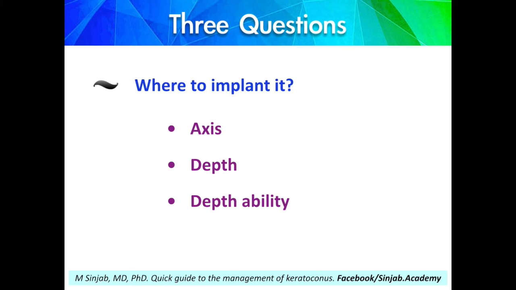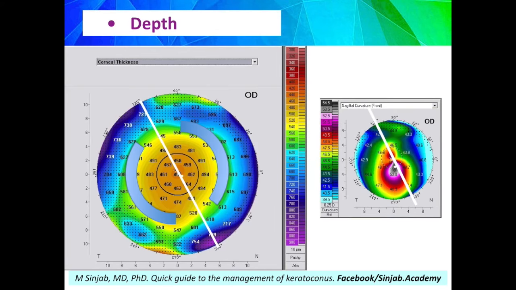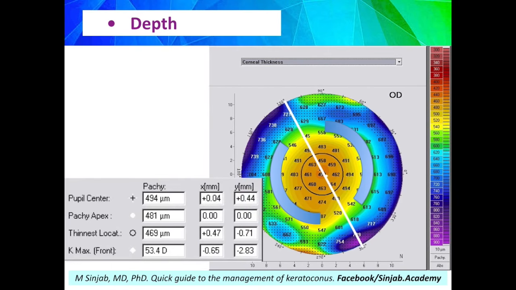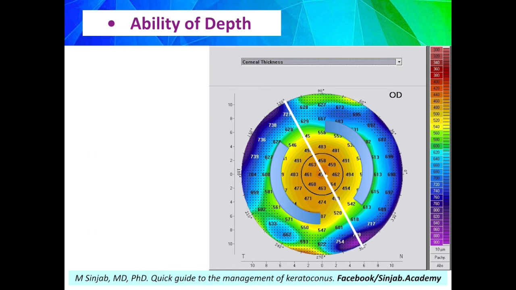Now regarding the depth, after I determine the axis of the patient, I draw this axis on the pachymetry map, and I determine the depth at the incision site by multiplying the thinnest location by 80%, and in this example it is 375 microns.